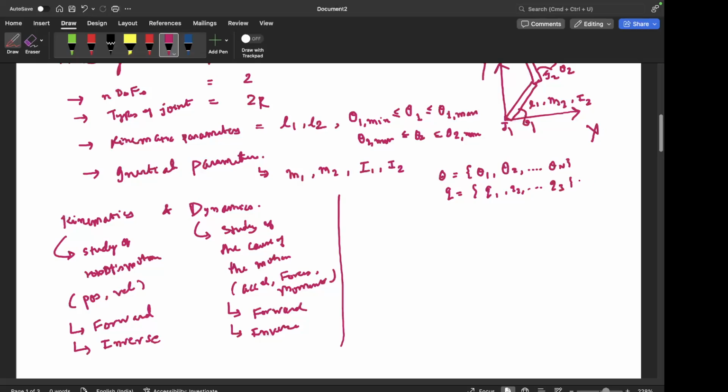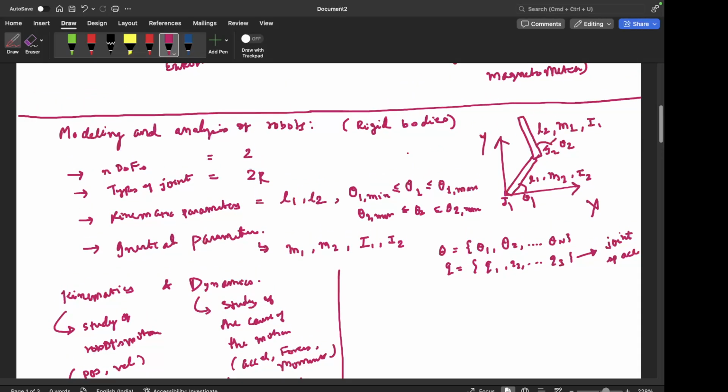These lie in what we call the joint space. The collection of all the degrees of freedom, those independent variables, forms the joint space. So for a 2R manipulator, the joint space is basically a vector theta with theta 1 and theta 2, the joint angles. And the other is basically what I can describe as x.